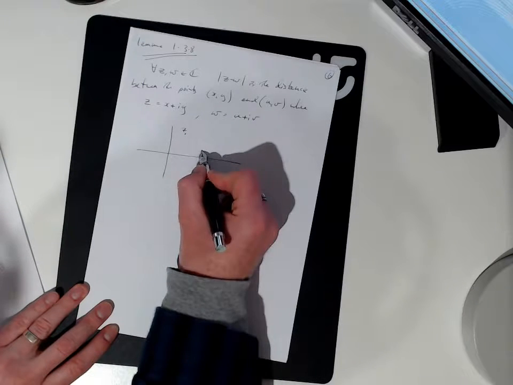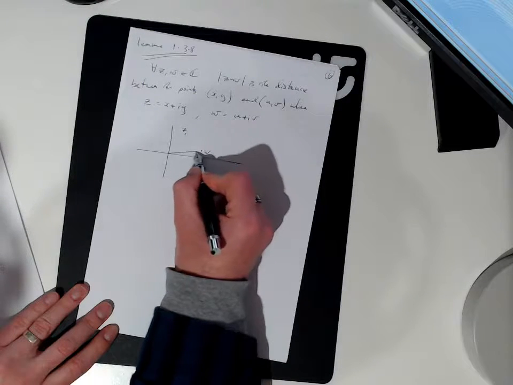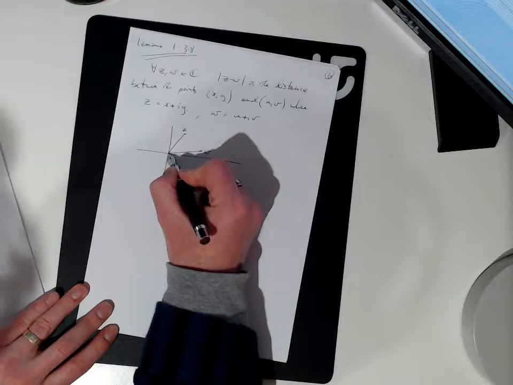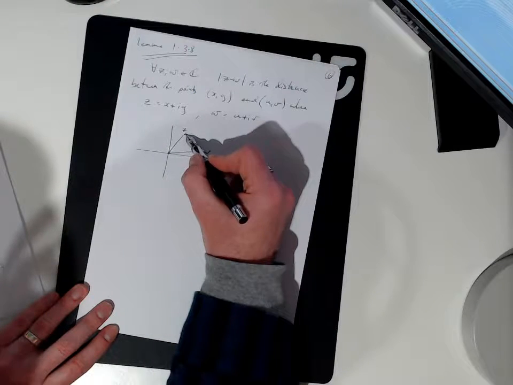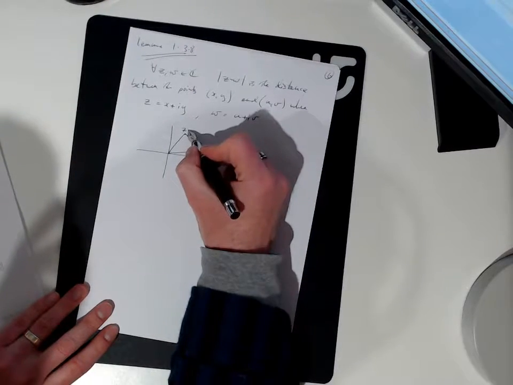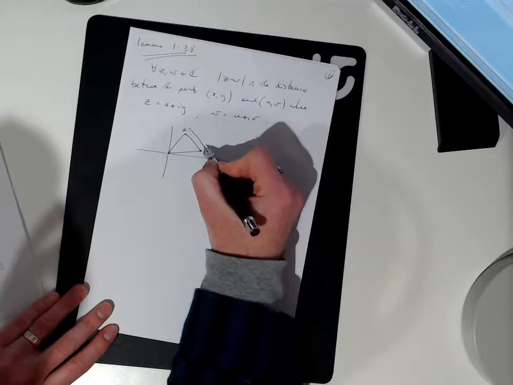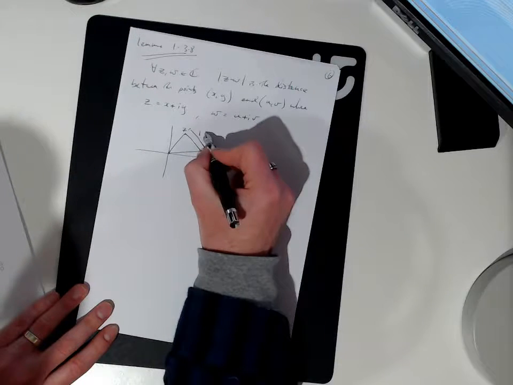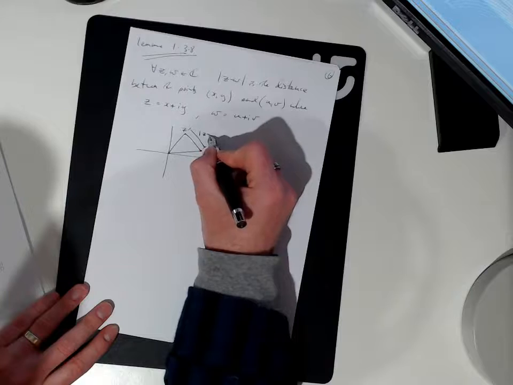There's z, there's w. So this thing here has length the modulus of z minus w.